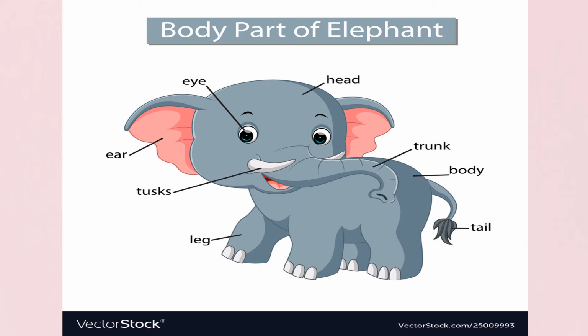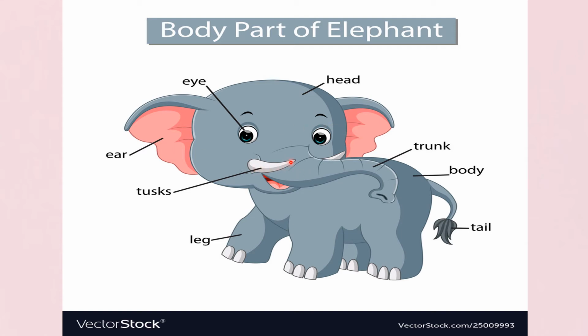Next is an elephant. Here is the picture of the body parts of an elephant. This is the eye, head, ear, tusk, leg, trunk, body, tail. An elephant has one head, two eyes, two ears, and tusks.